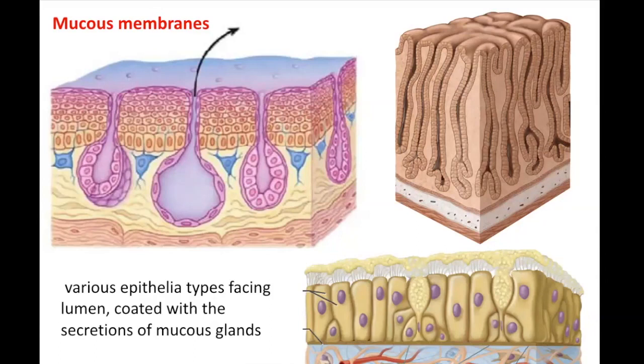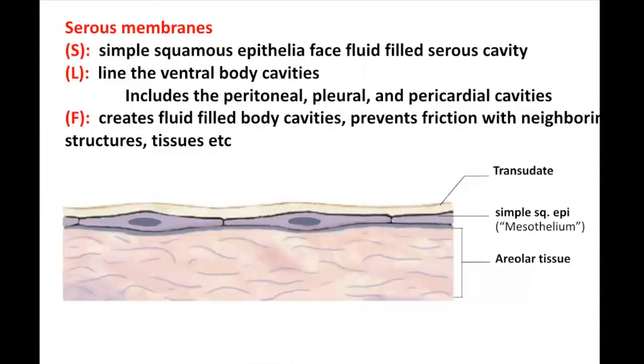All right, next type, serous membranes. This is going to be with those cavities that we talked about in the first lecture. These are lining your ventral body cavities, and all those ones like your pleural lining the lungs and your pericardial lining the heart, right? And the function of these is to create a fluid-filled body cavity, right?